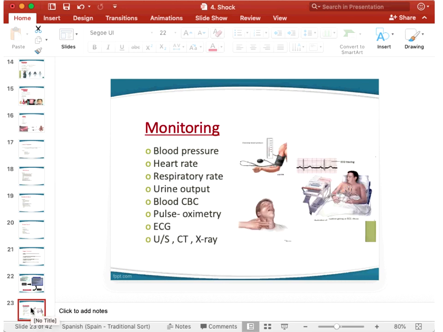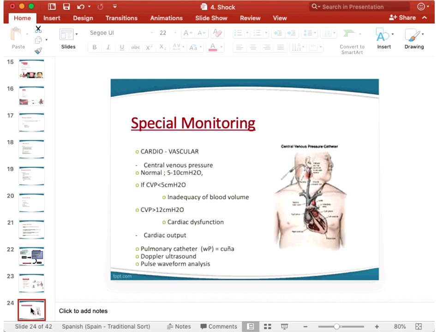What do you do when you check your patient? You check the blood pressure, the heart rate, the respiratory rate. You check everything. These patients come into the intensive care units. So what do we check? Everything, by the hour. What are the special monitors?